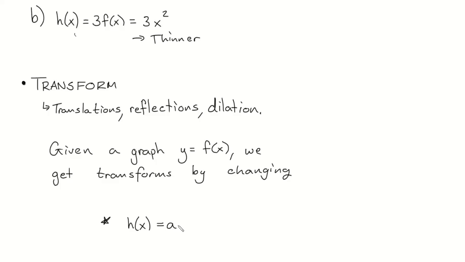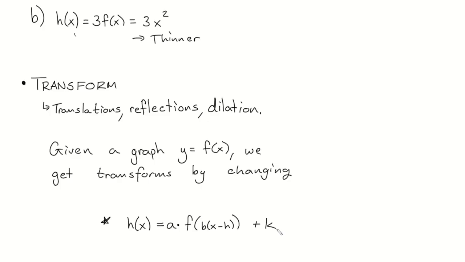A times f of b times x minus h, plus k. It looks pretty gross, I assume. It's not bad. It kind of looks that way, but I promise it's not bad. What we care about is what does changing A, B, H, and K do to our graph?